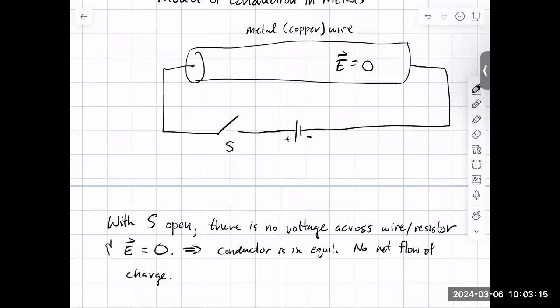Okay. That doesn't mean that there's no motion of the charge at all. It just means that there's no preferential motion in any single direction. So we could imagine we have an electron in here. And so here's our electron. What happens is it is moving in some random direction, and eventually it will scatter off something in the conductor. The conductor is made of individual atoms, of course, and so the electron can scatter off these atoms, or maybe there's some kind of impurity, some defects in the material, and so these electrons can also scatter off those types of defects.